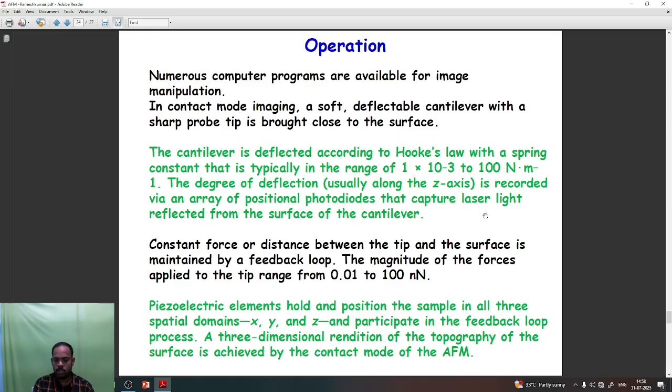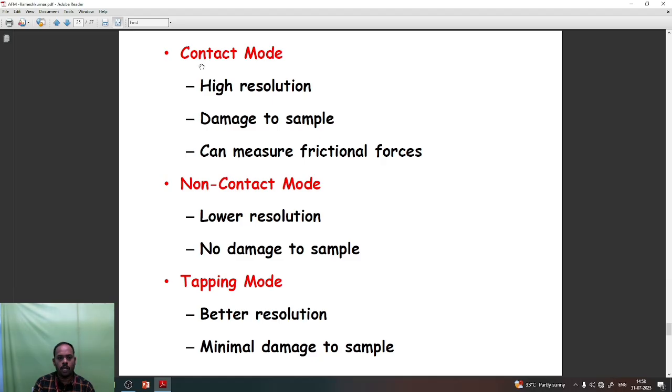So every mode has its own advantages. In contact mode, we can obtain a high resolution image, but damage will be caused to the sample. We can measure the frictional forces also. In non-contact mode, low resolution but no damage to the sample. Tapping mode, better resolution and minimal damage to the sample.